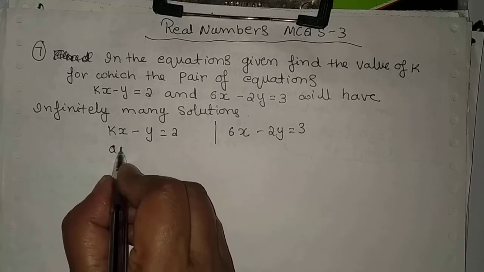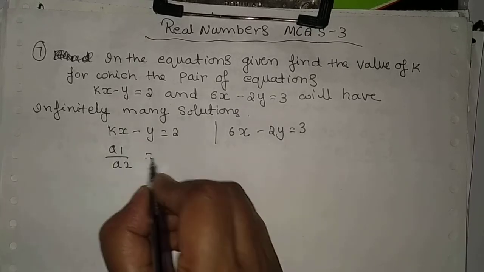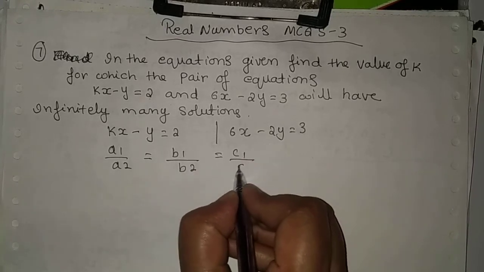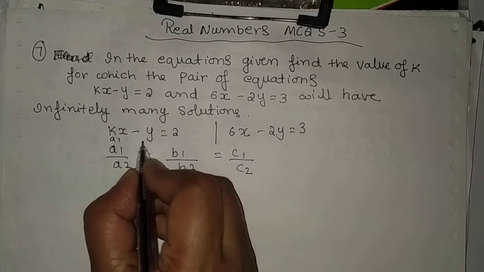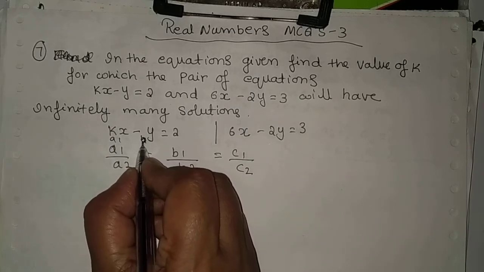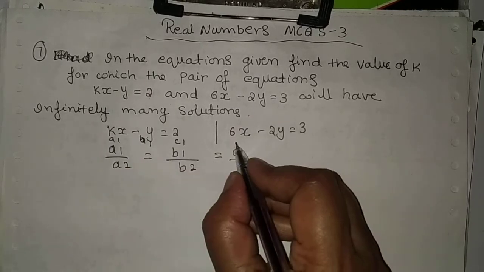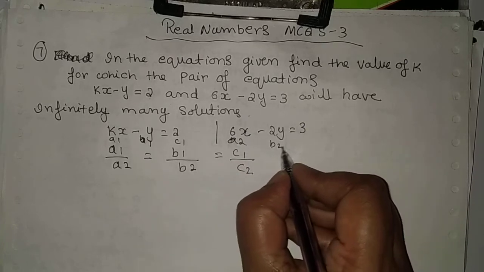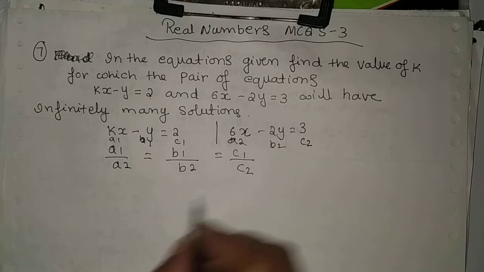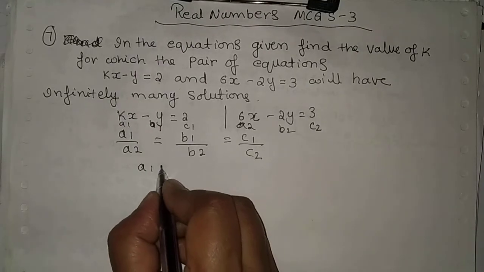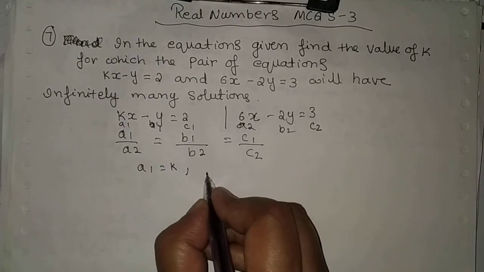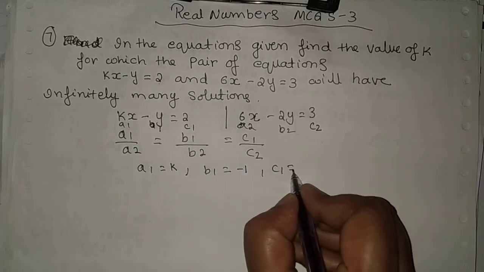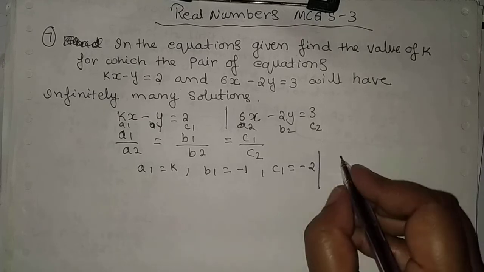Here also a1 by a2 is equal to b1 by b2 is equal to c1 by c2. So this one is a1, b1, c1, a2, b2 and c2. Therefore a1 is k, b1 is minus 1, c1 is minus 2.